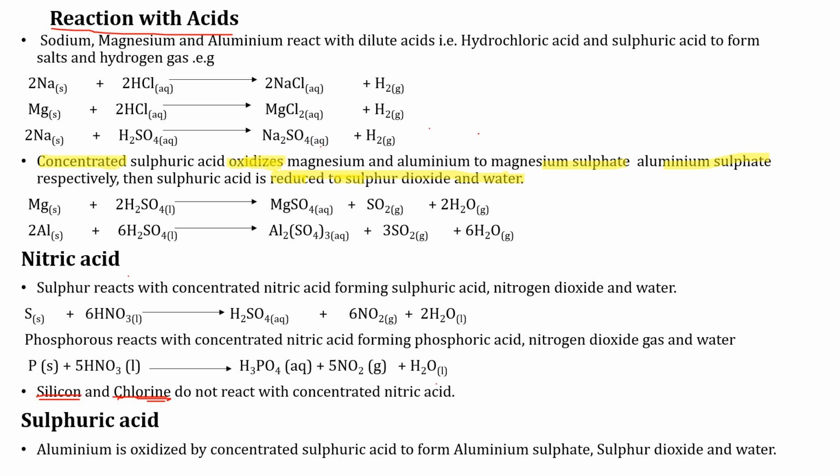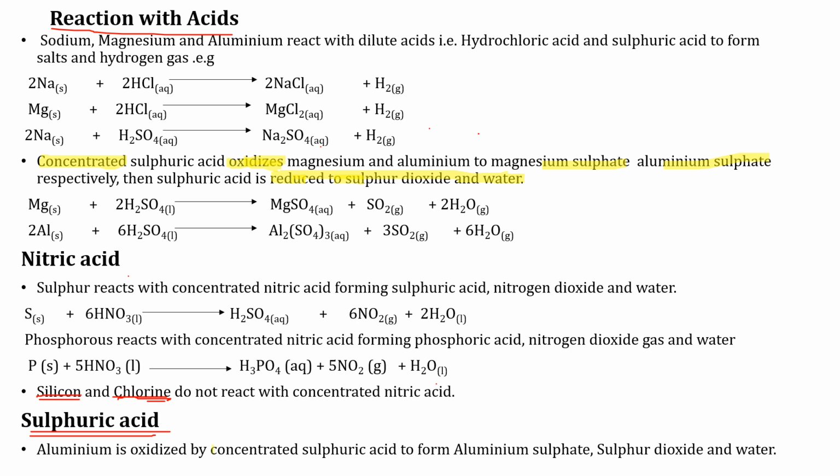So proceeding to the next acid, we shall have sulfuric acid. And sulfuric acid, we have already looked at it in dilute state. So let's look at it in concentrated state. I've said whenever something is concentrated, it's always going to be oxidizing.